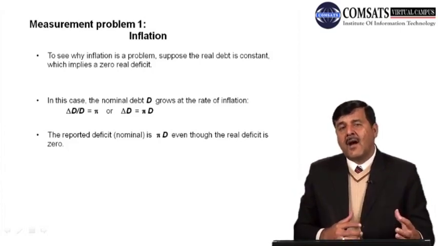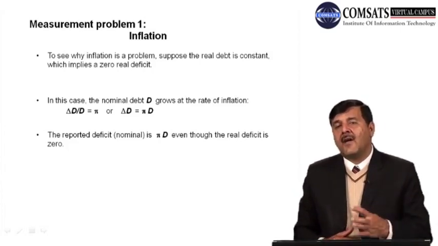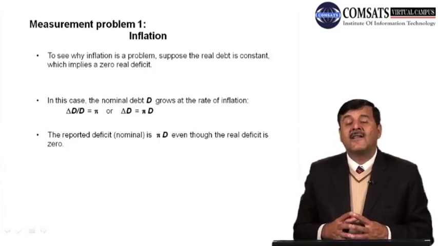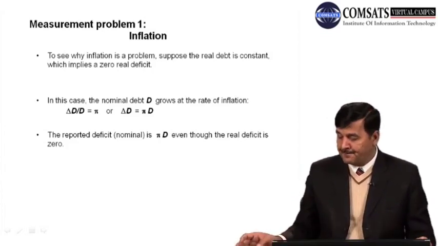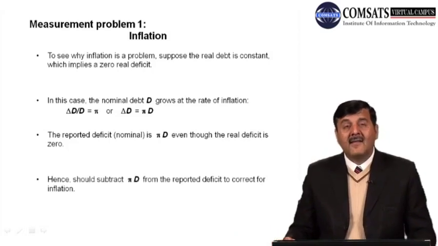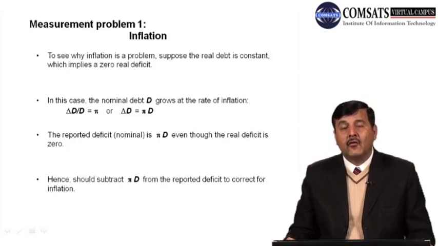If you multiply inflation with the debt of the economy, you will get the nominal deficit. Hence, we should subtract pi D from the reported deficit to correct for inflation.